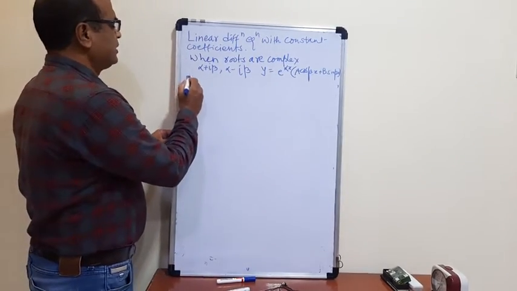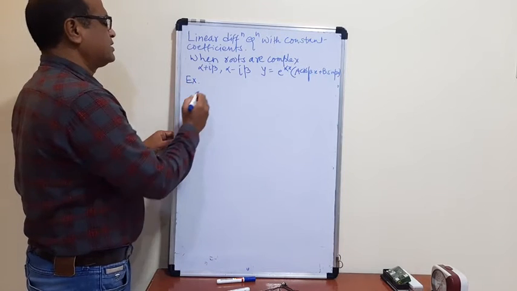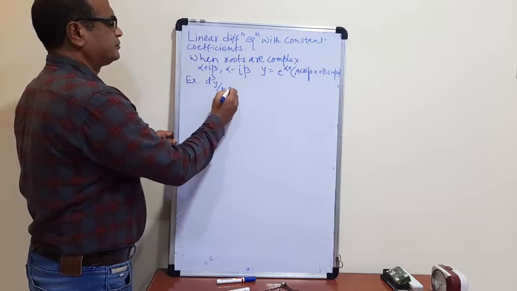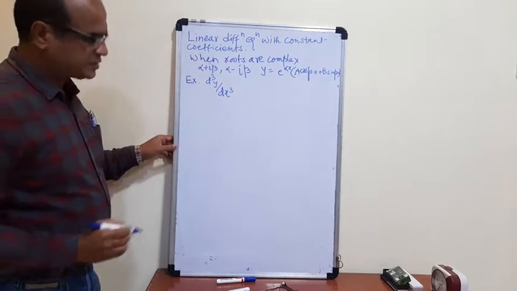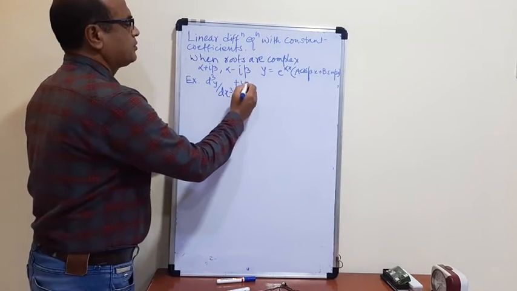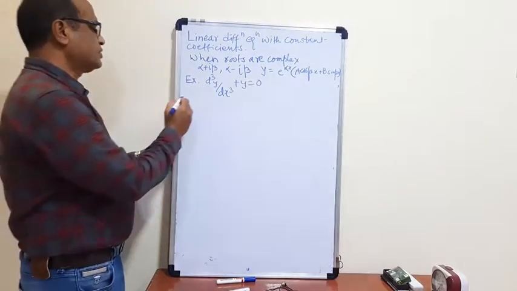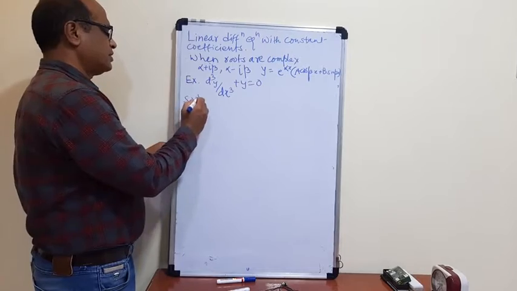Okay, so now we take an example. d cube y by dx cube plus y is equal to 0. Solve this differential equation. So what is the solution of this differential equation?